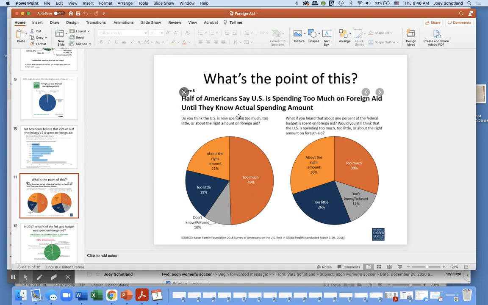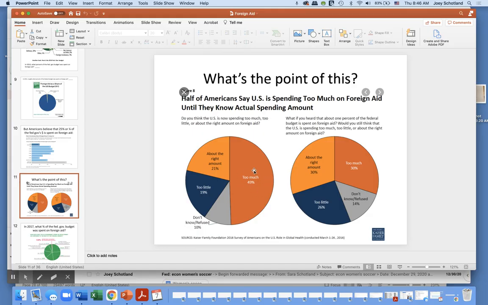So here it is again. This is a 2016 survey. People are asked, do you think the U.S. is now spending too much, too little, or the right amount on foreign aid? And 49%, basically half of Americans, say we're spending too much. And then they're told that we only spend about 1%.